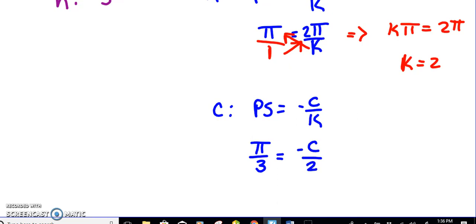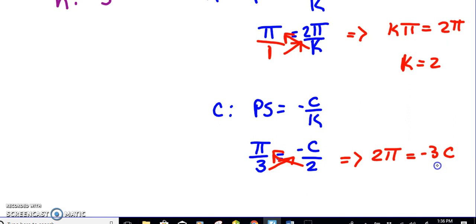All we're going to do again is cross multiply and solve for C. We're really just dealing with ratios and solving them for a certain variable. That gives us 2 pi equals negative 3C.